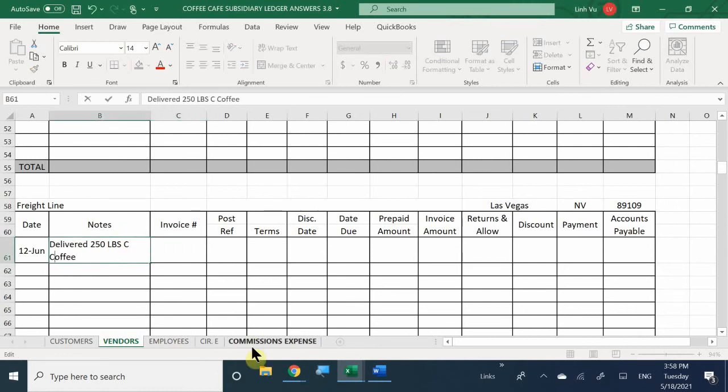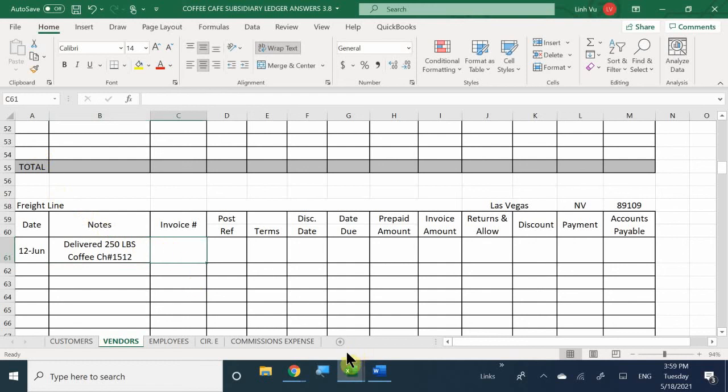I paid with check number 1512. Invoice number? 482. Okay. Post reference, general journal number 4. Terms is COD. Okay, I had to pay cash on delivery at time of delivery.